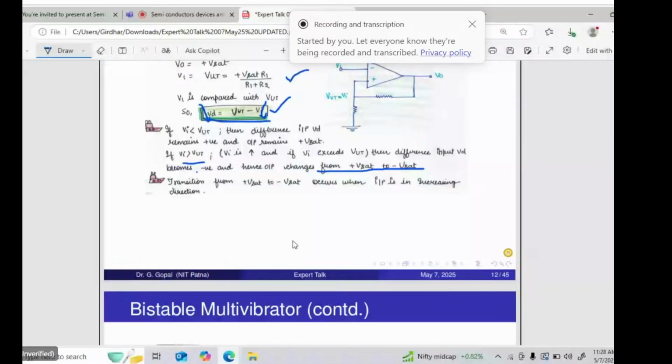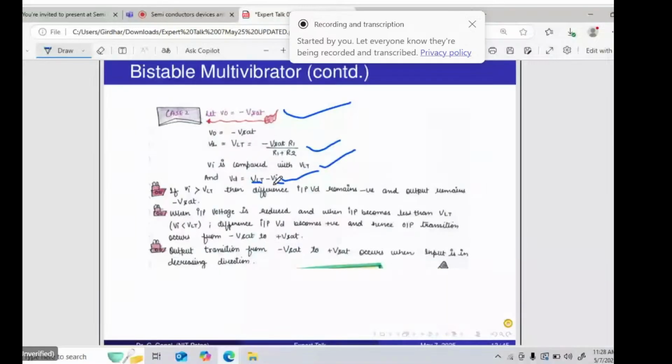If Vi is greater than the lower trigger voltage, then Vd is negative, and negative Vd means the output remains at minus V sat. When the input voltage is reduced, the difference will be positive. So Vd is positive, and there is a transition from minus V sat to plus V sat.